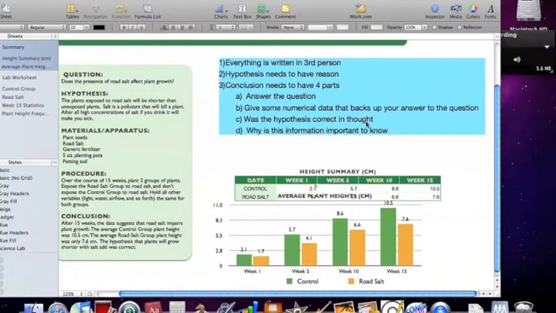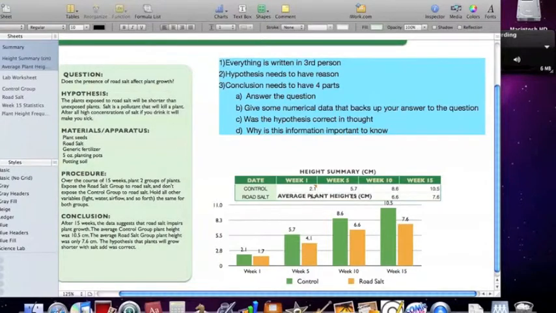Now our last part that we're missing here is about why the information is important to know. Well, let's think about that. In the world, they generally use salt.